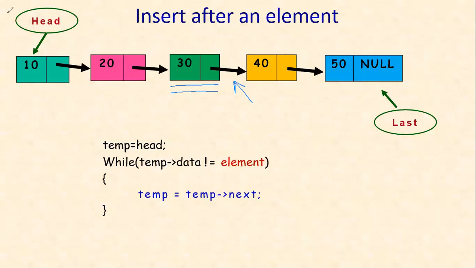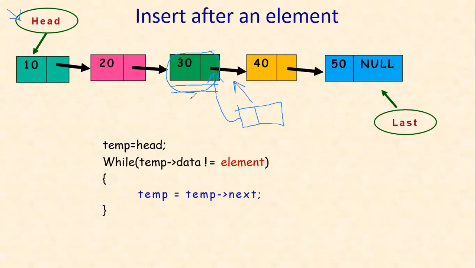I have to traverse from head first, because I want the address of this target node. Then only I can keep a new node after that, because the new node's address has to be stored in this position. So I want the address of this node.